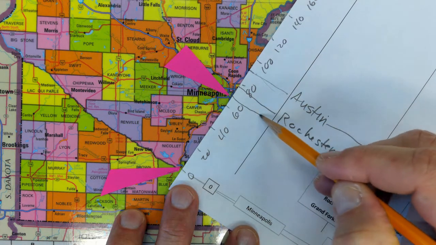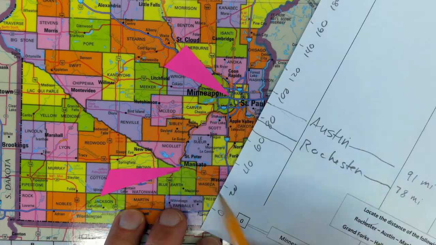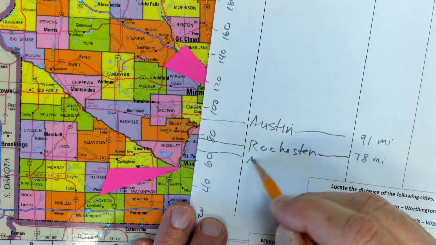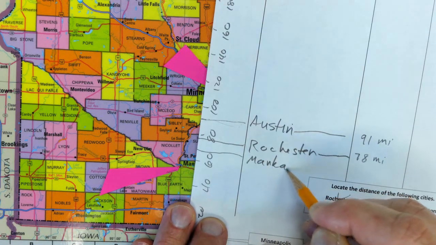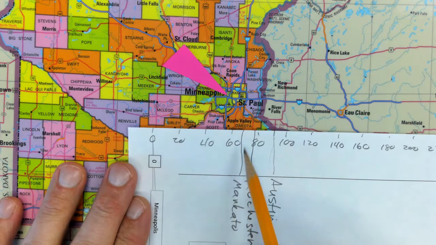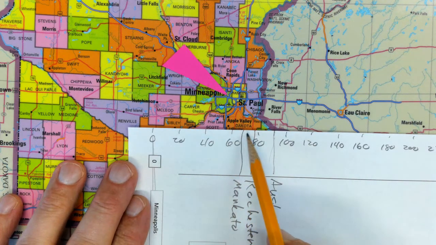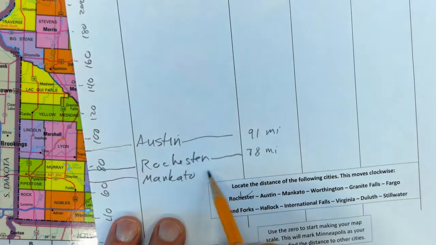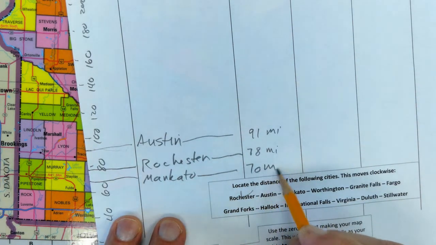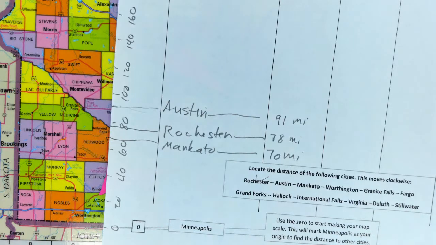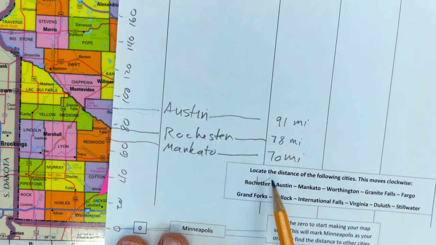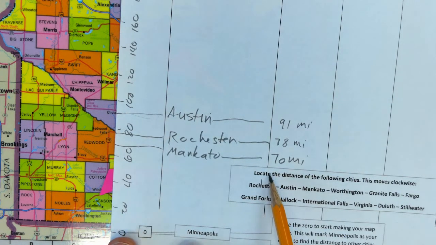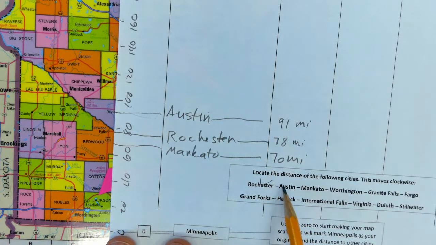So then I'll draw a line across. All right, for Mankato, I'm going to write Mankato then. Mankato appears to be between the 60 and 80 mark. Let's just say 70. 70 miles.